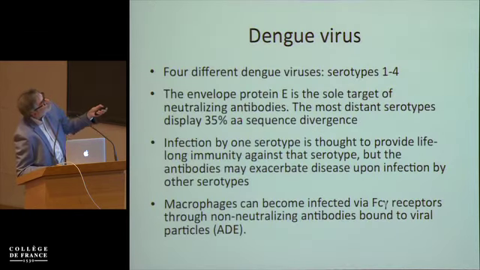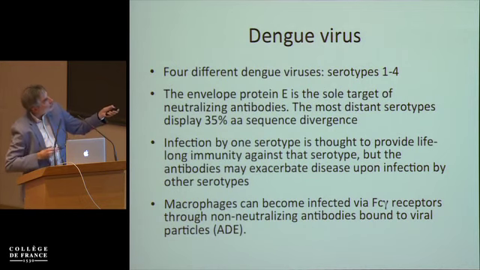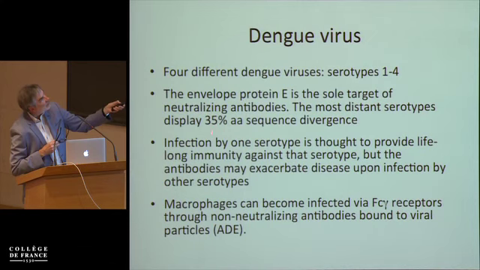So the problem with dengue virus is that it's not a single virus, but there are 4 different dengue viruses called serotypes 1 to 4. The envelope protein of this virus is the sole target of the neutralizing antibodies. The most distant serotypes have about 35% amino acid sequence divergence, so they are about 65% similar.